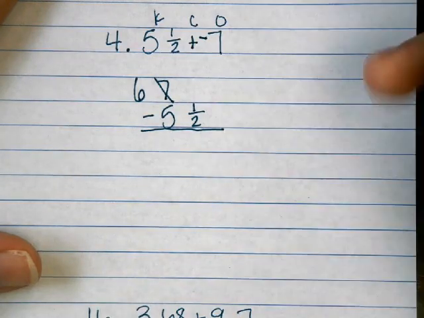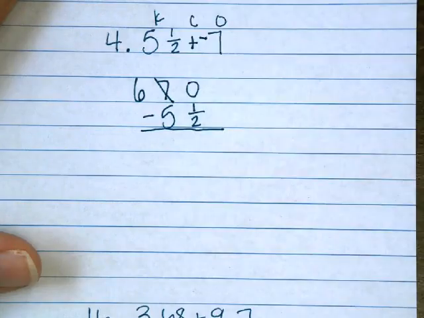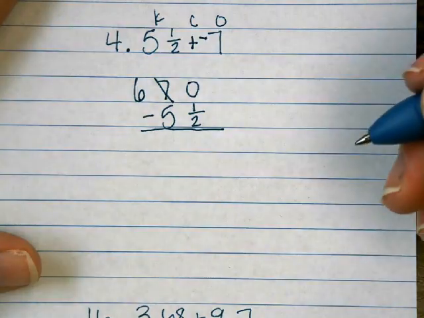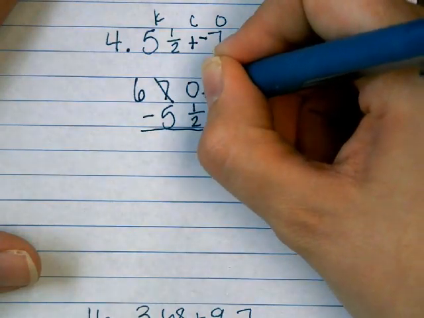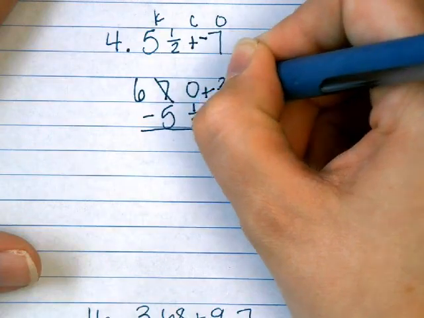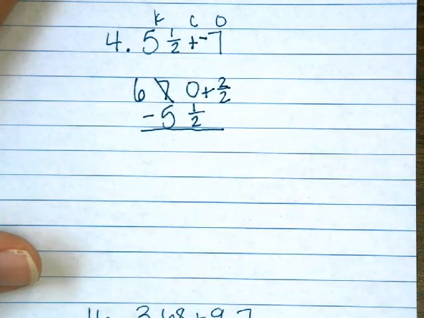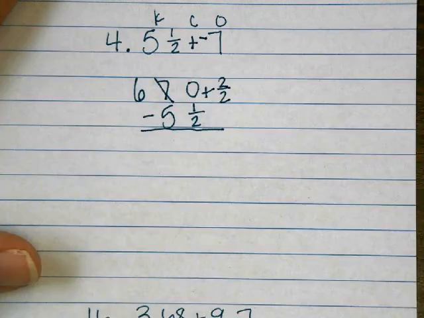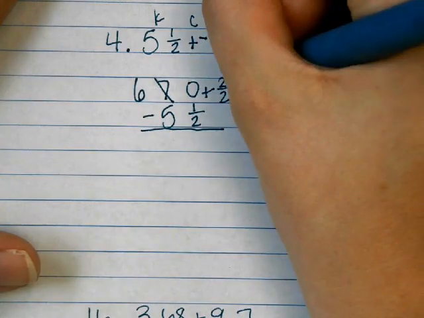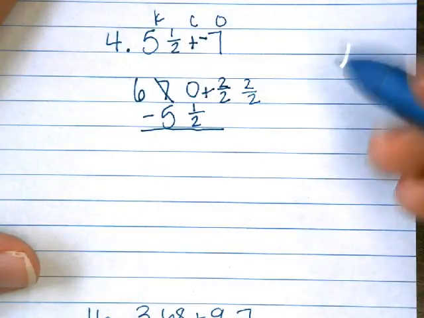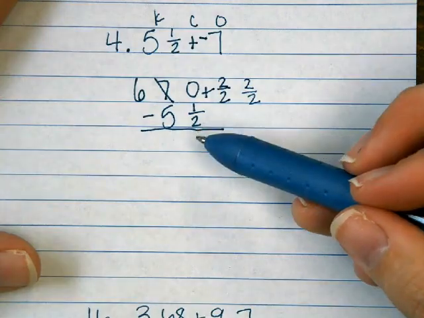So imagine this is 0. If I'm adding a whole to 0, I'm adding a 2 over 2 because 2 over 2 is 1 whole. So now I have 2 over 2 minus 1 over 2, and I can do that.